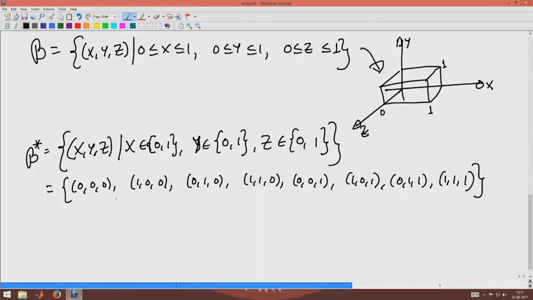So, this would be z, x and y, it will be these points.